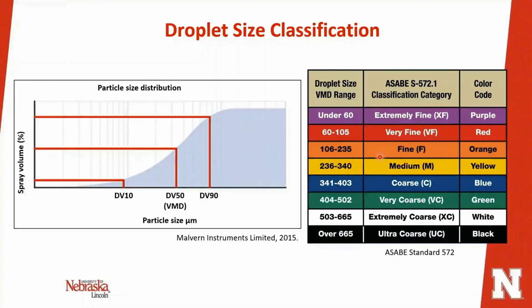So when we need nice coverage in our application, we consider these droplet size ranges, because we need a lot of droplets per area. And when we are working with systemic products like glyphosate, 2,4-D, and dicamba, we can use bigger droplets, because coverage is important, but not as important as with a contact product.